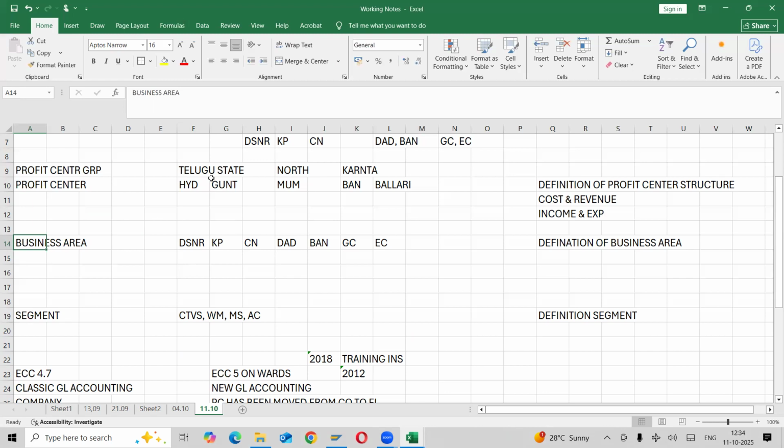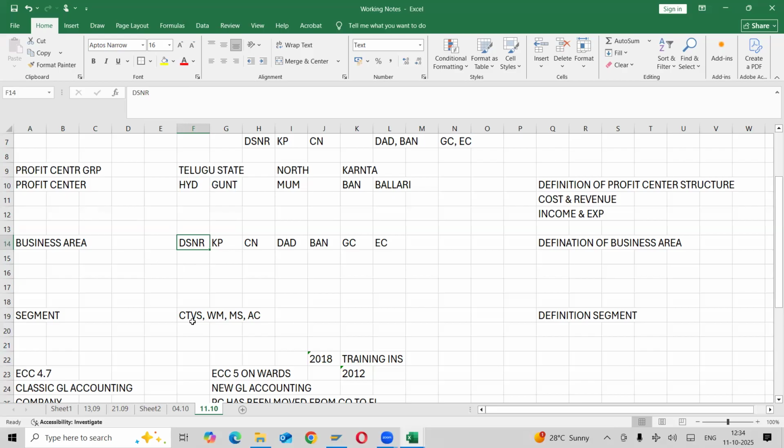Their proposal, I understand, but logically, when we think of profit center, see here, if I am doing something in Hyderabad, I'm just giving an example. If I give a profit center DSNR, here I am doing sales. In DSNR, what is my business?